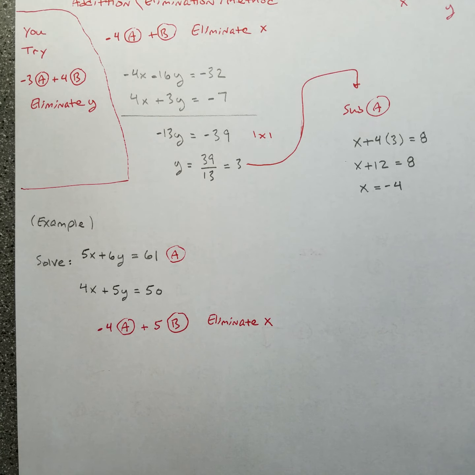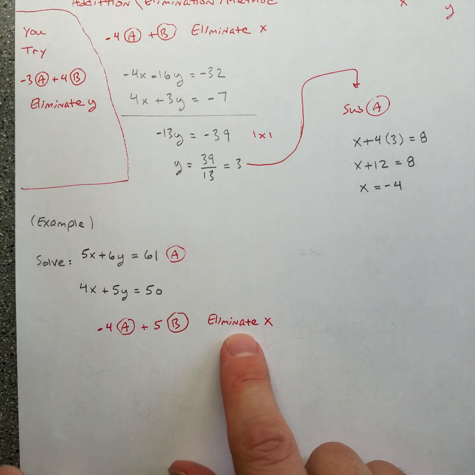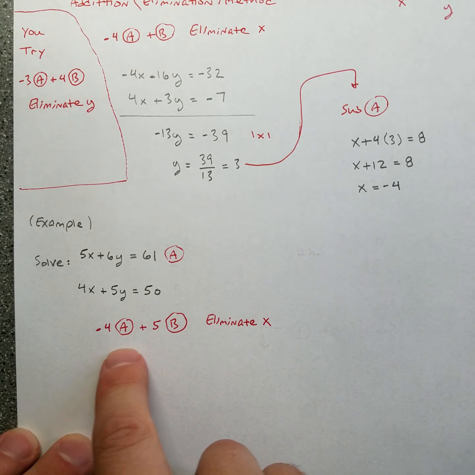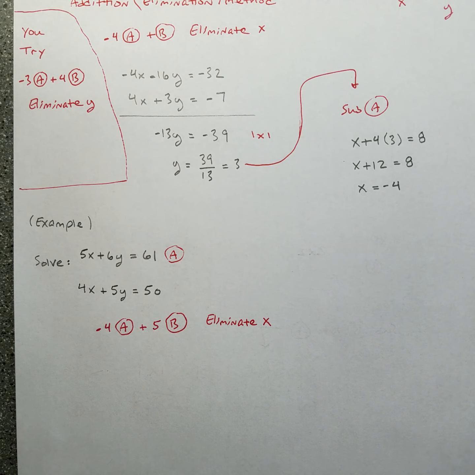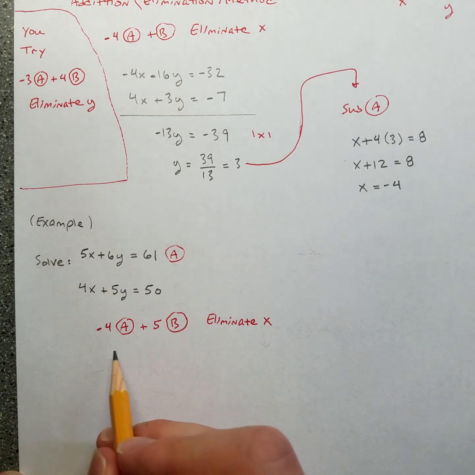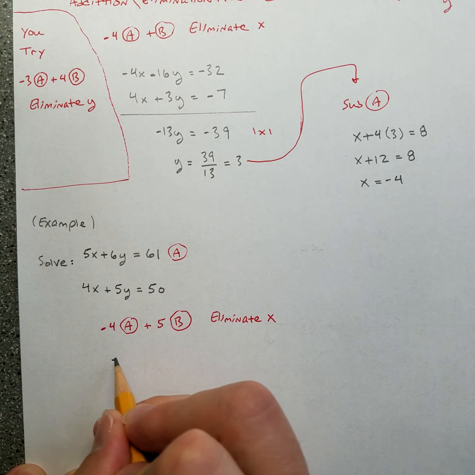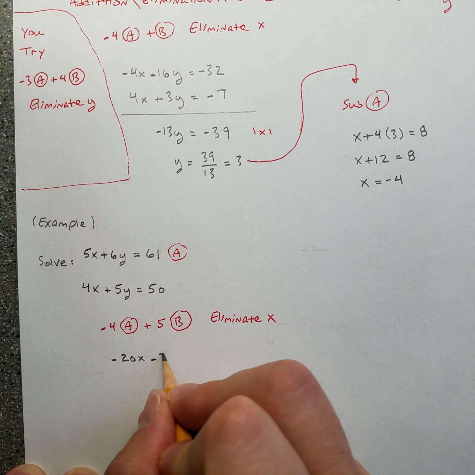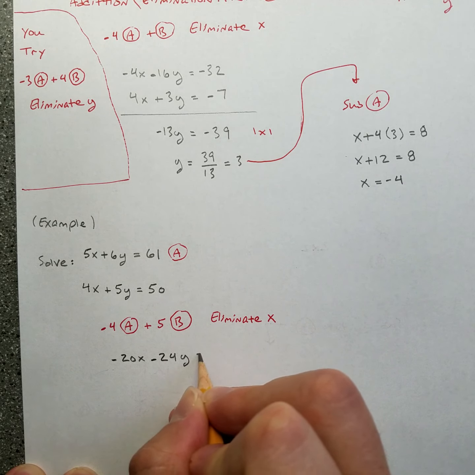All right? Okay, so let's see if we can get this to work. I mean, the x's should cancel if you do it right, but because there's a lot of calculations to do, you have to keep track of the numbers and be careful with it, all right? So -4 times equation A, here's what that's going to look like. It'll be -20x, okay, minus 24y.